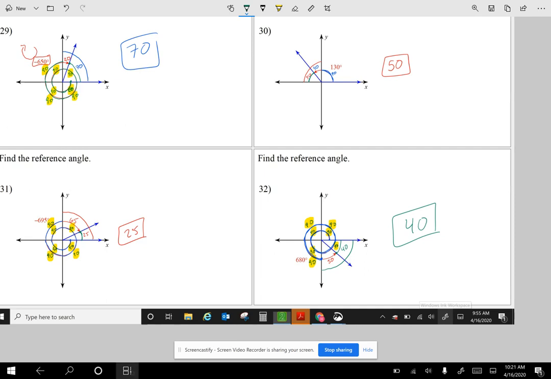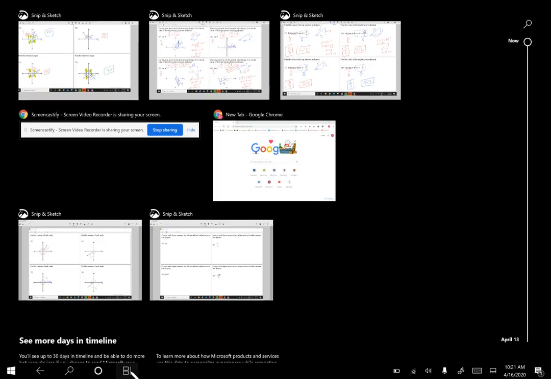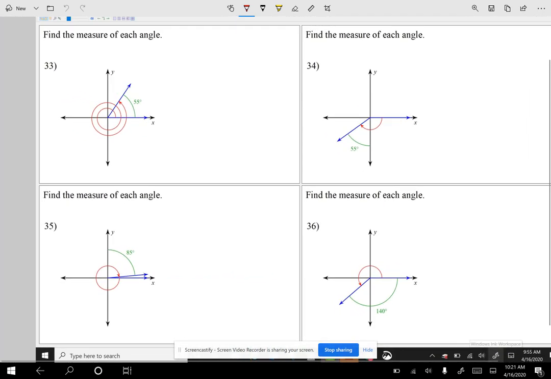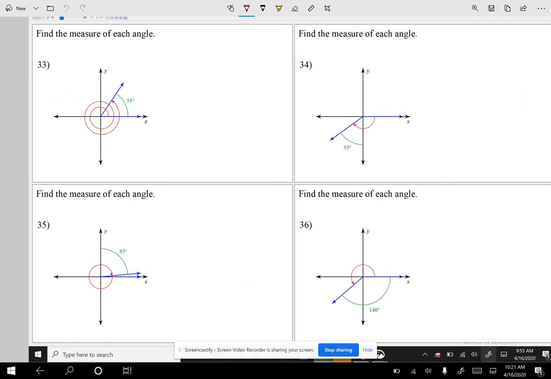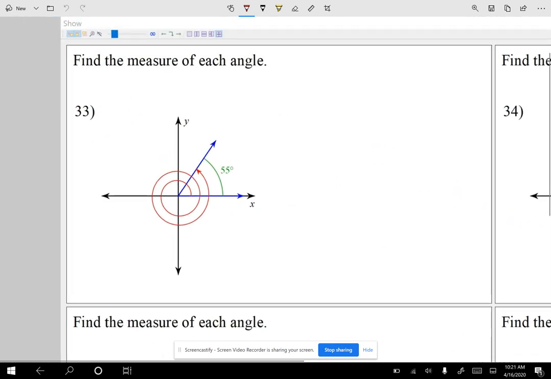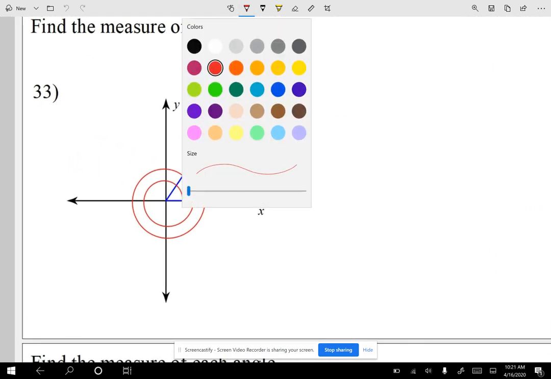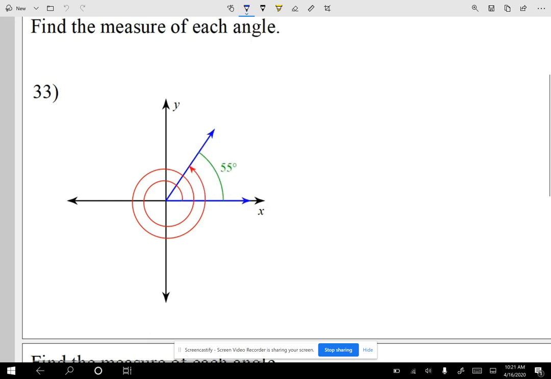Let's take a look at question number 33. Now we want to know how big this whole angle is. Find the measure of each angle. Starting from here, that's 90, that's 90, that's 90, that's 90 so far.